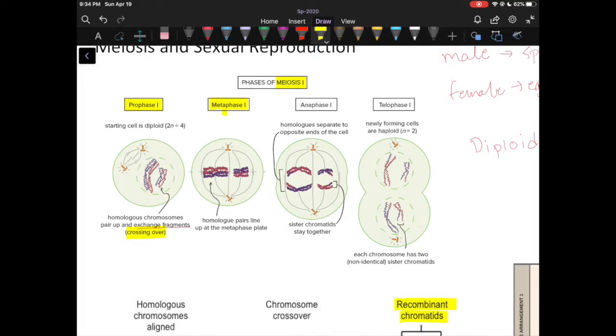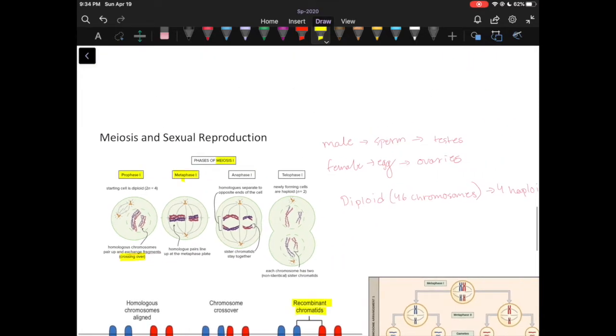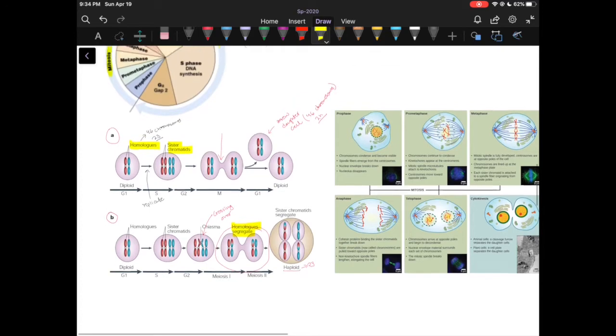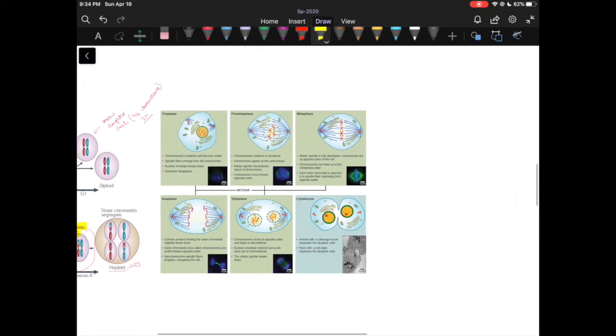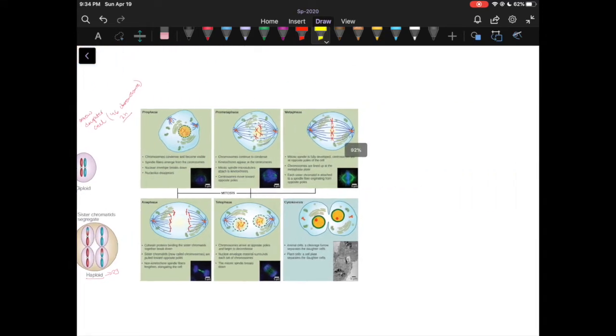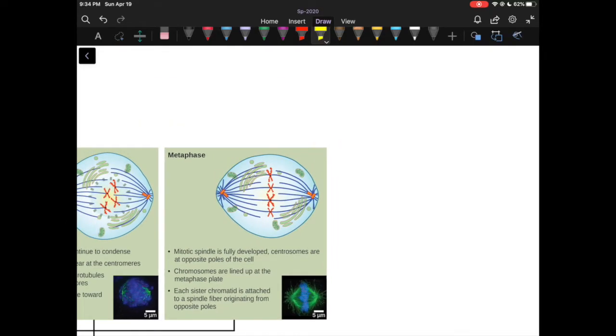So now let's look at metaphase 1, which is the next step. In metaphase 1, here we see that the homologous chromosomes are now lined up in the middle, similar to that of mitosis, but they are in pairs, unlike a single line. So let me scroll back up to mitosis real quick. And here, this diagram shows it better.